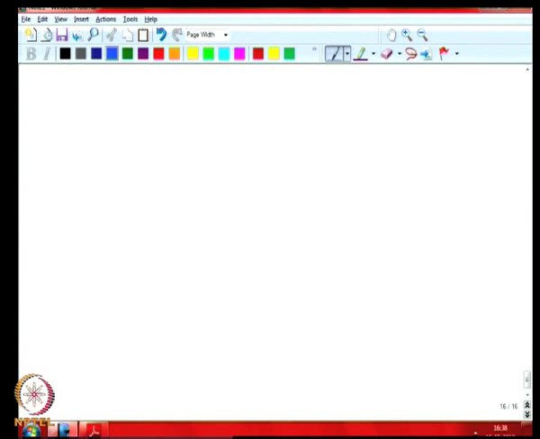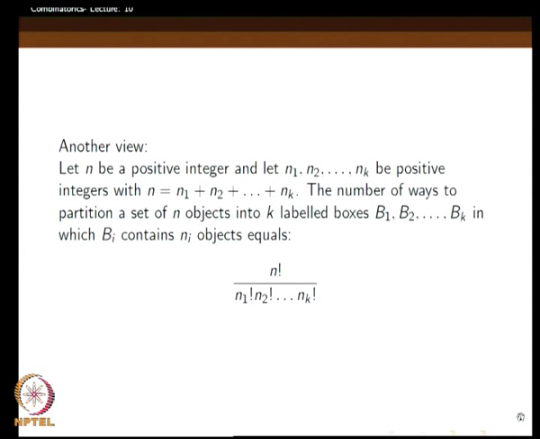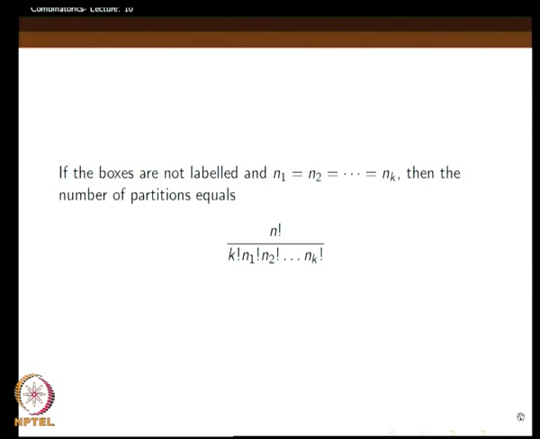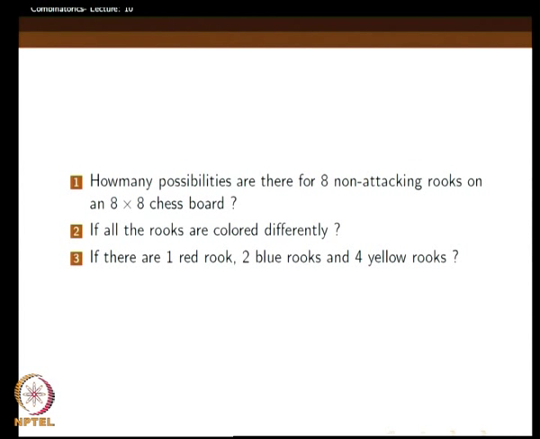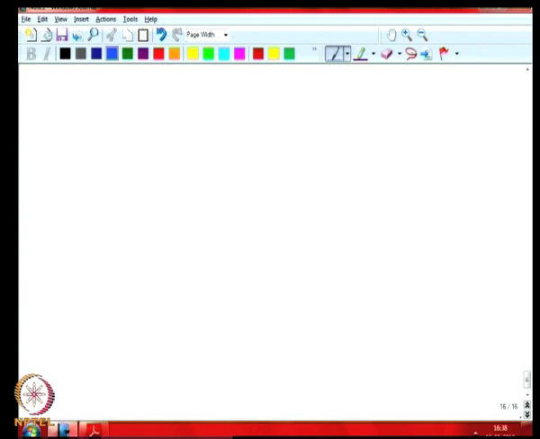Now, what is the next question we are considering? This is a question about the chessboard, about the rooks, which is a piece in a chess game. An interesting question. We consider an 8 by 8 chessboard.